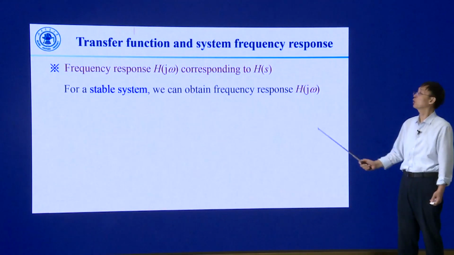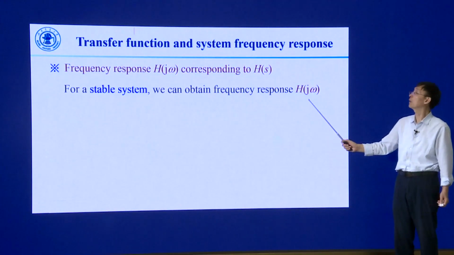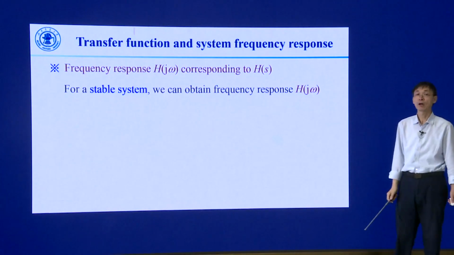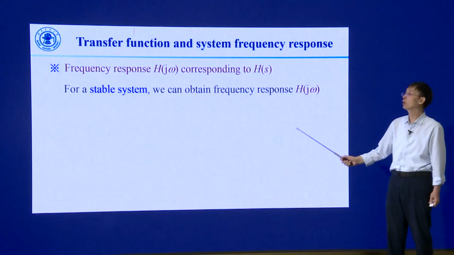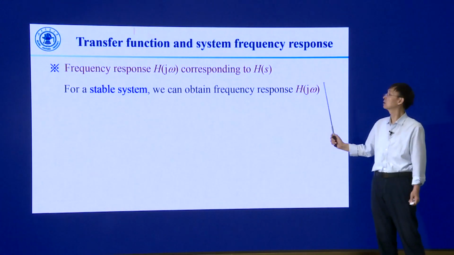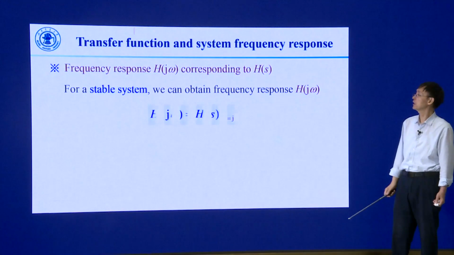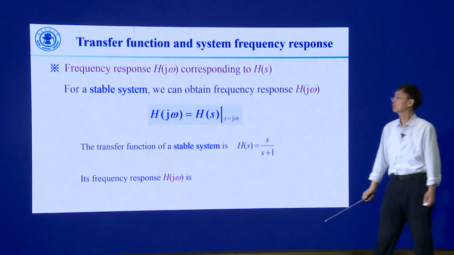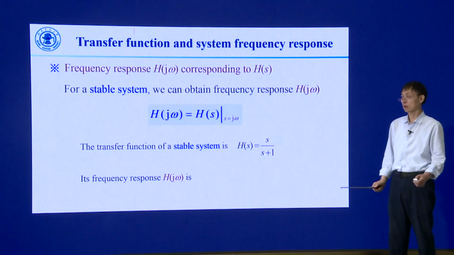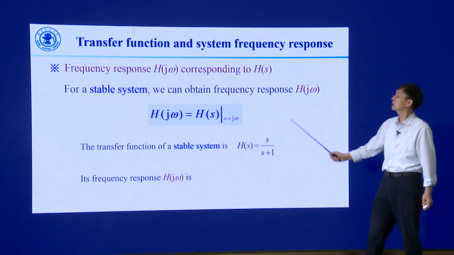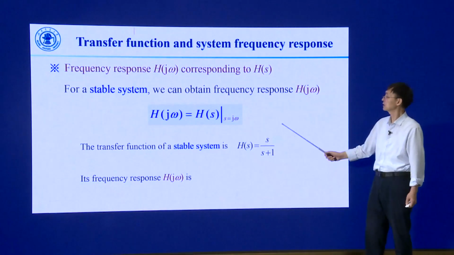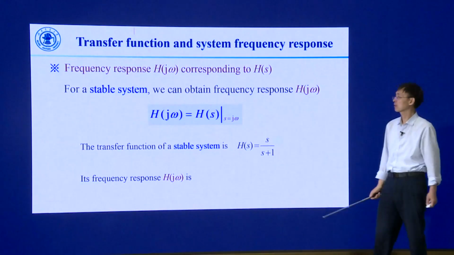Now we will discuss the frequency response H(j omega) corresponding to H(s). For a stable system, we can obtain the frequency response H(j omega) in this equation. We should know the system must be a stable system. We can use this equation.